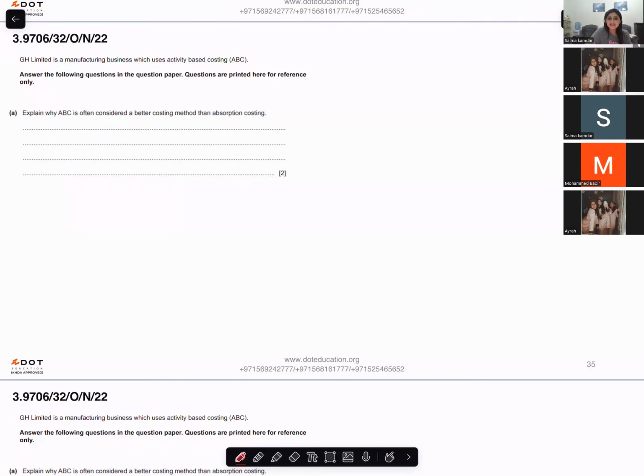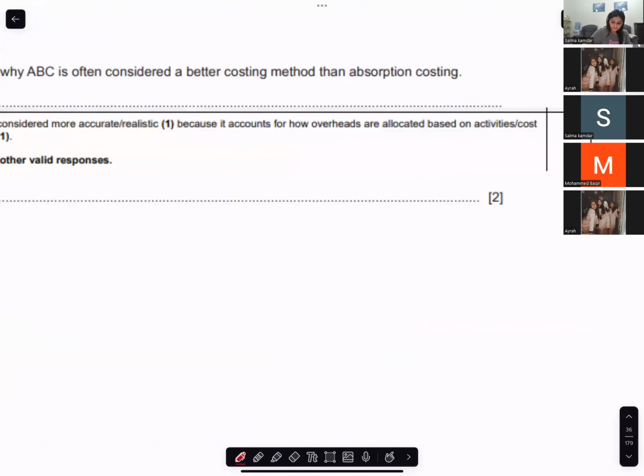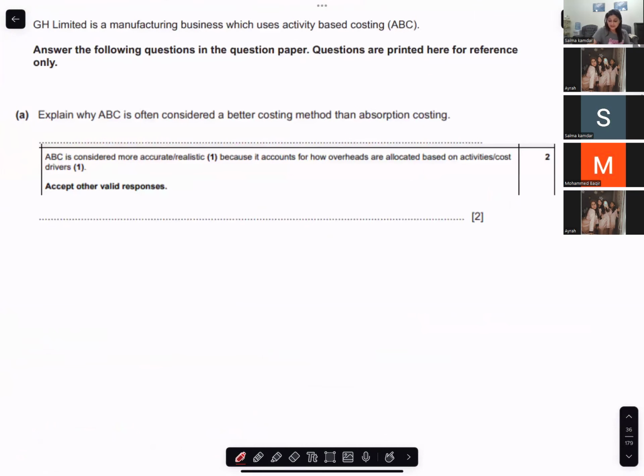Tell me, why is it considered a better costing method than absorption costing? ABC is more realistic because it uses a number of different absorption rates for different overheads. That means that in absorption costing, one OAR is used for apportioning everything, but here different rates are calculated, based on the cost drivers, the activities.